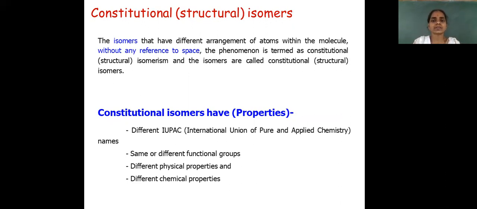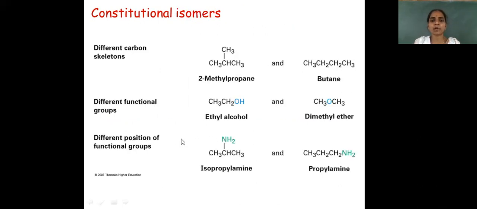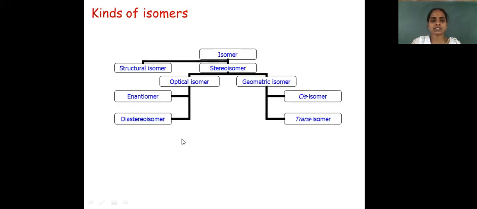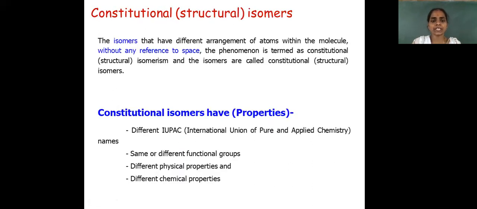So structural isomers are also called constitutional isomers. Two compounds, even though they have the same molecular formula, differ in physical and chemical properties.